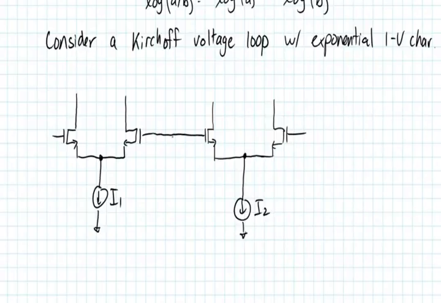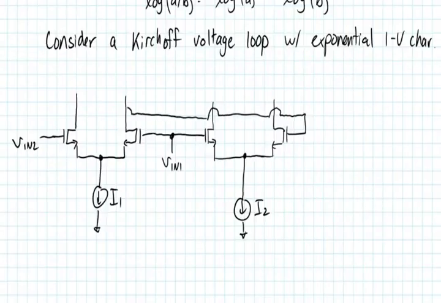Okay, now let's start labeling a few of these nodes here. Let's call this Vin1. This here is Vin2. And furthermore, let's assume that this is connected to the same voltage here. So Vin2 is connected to both this side and this side of the FET. Okay, now let's make a few more labels.